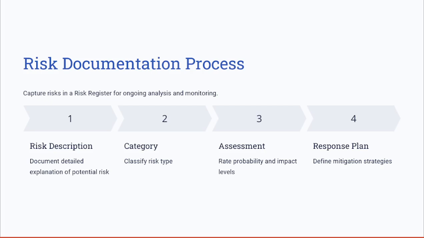The risk register serves as a centralized repository where each identified risk is listed alongside key information such as the risk description, the probability and impact at a high level, of course, and any planned responses. Proper documentation ensures that risks are continuously monitored and reviewed throughout the project.